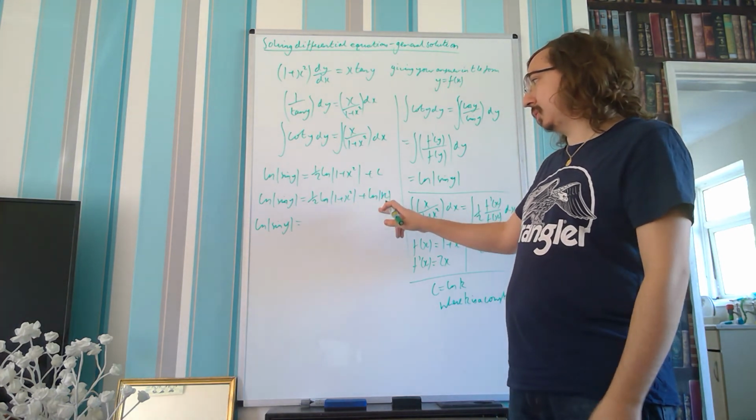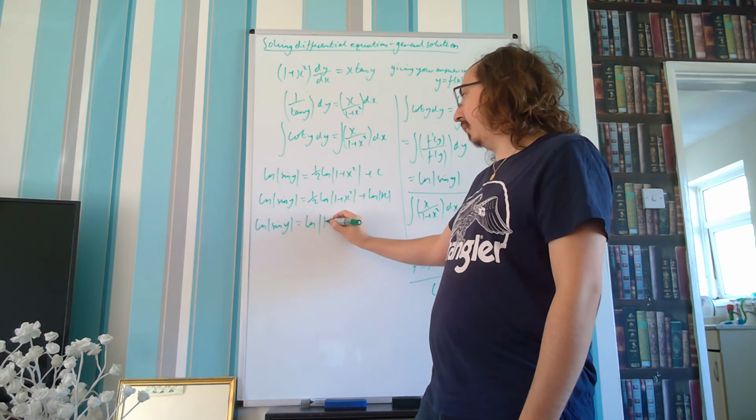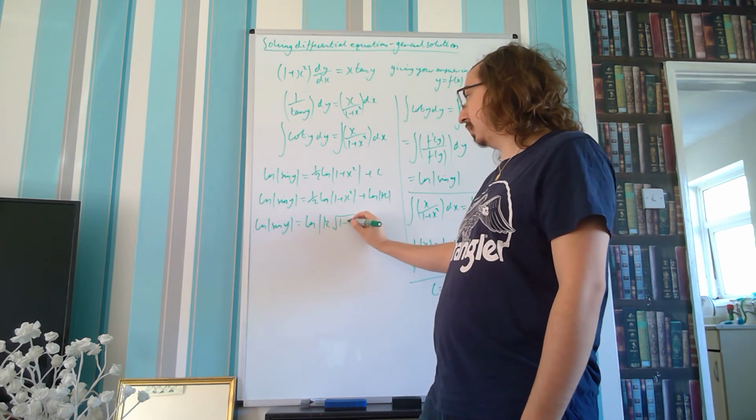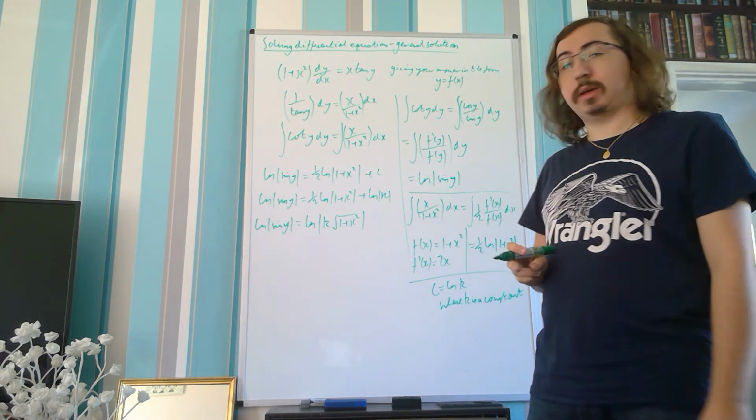Because this is a plus, the k acts as a multiplier there, so you've got ln of k times the square root of 1 plus x squared, or 1 plus x squared to the half.